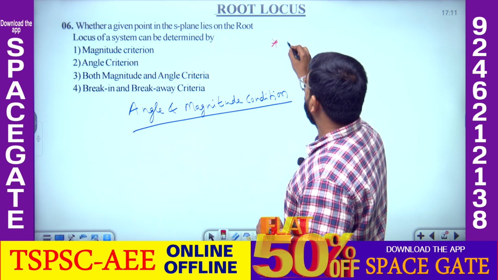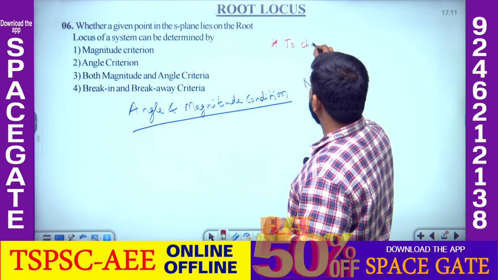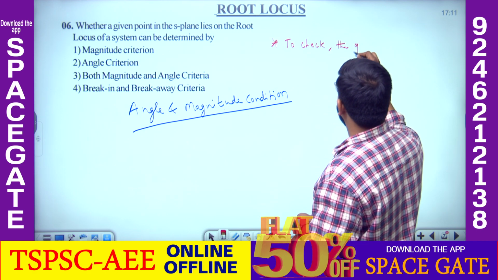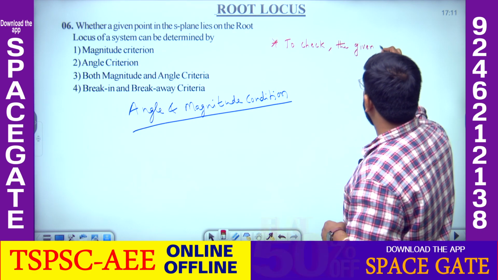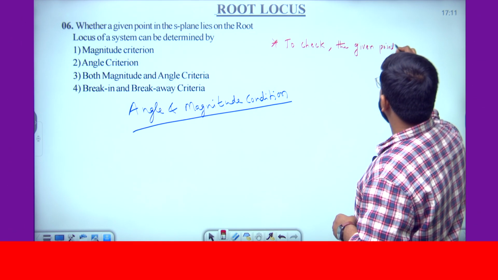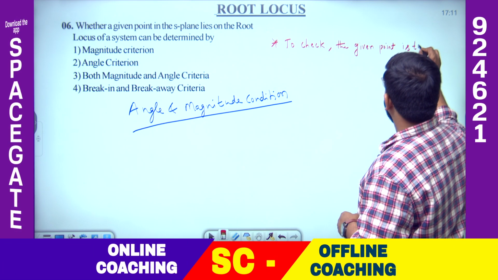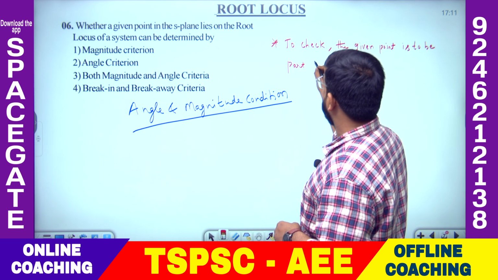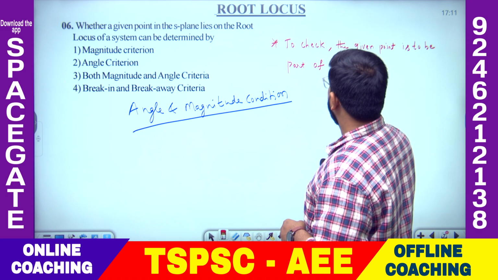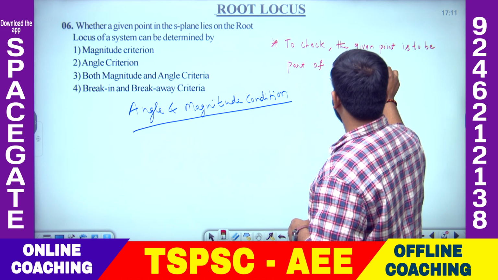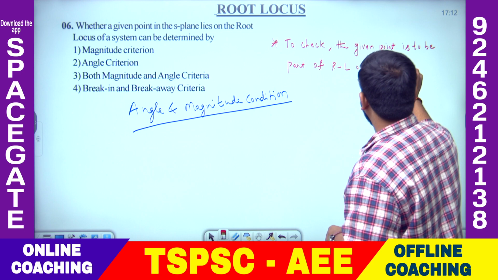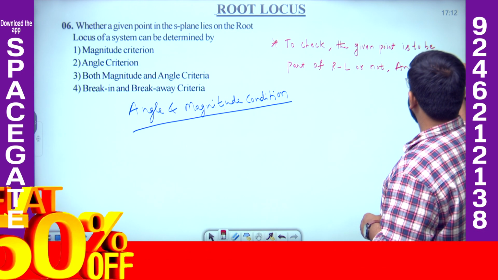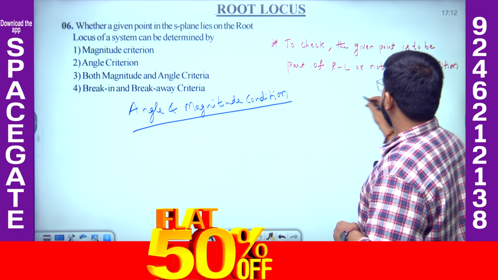So how do we write this statement? To check whether the given point is a part of the root locus or not, the angle condition is used.